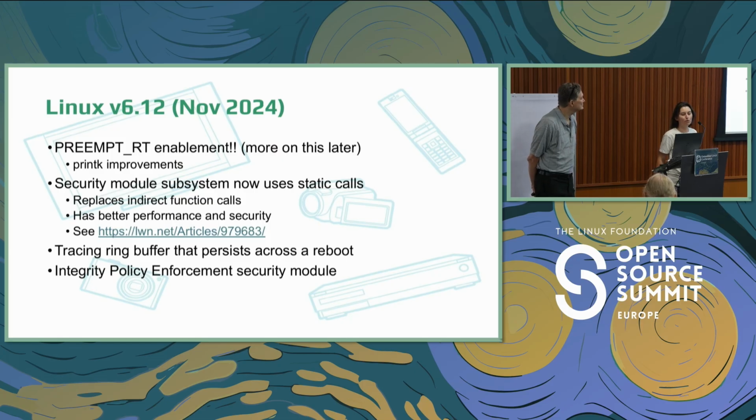Security modules got use of the static system calls instead of indirect function calls for better performance, the tracing ring buffer that persists across reboot, and a new security module for fixed functionality devices. Interesting for embedded people.